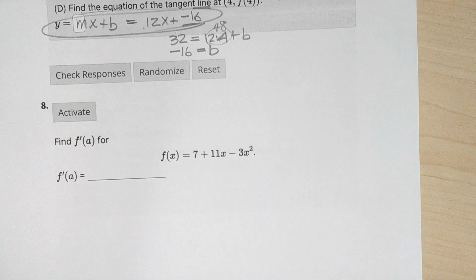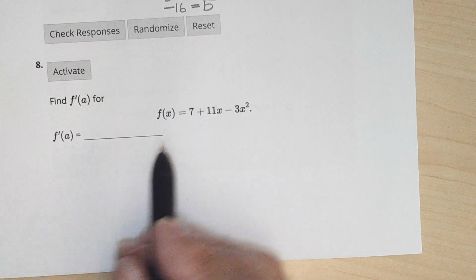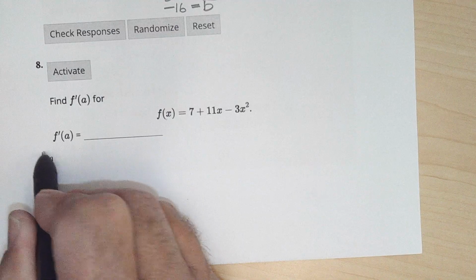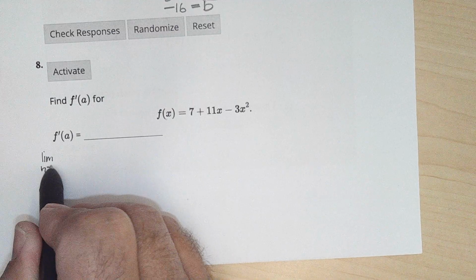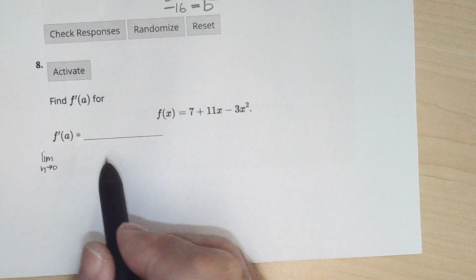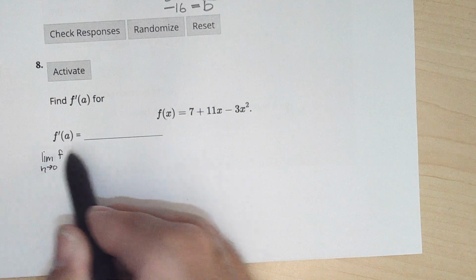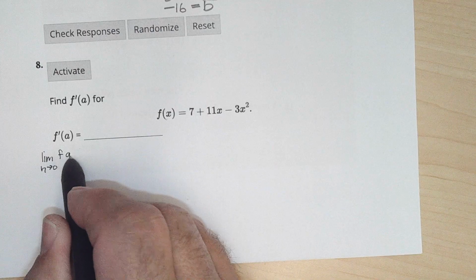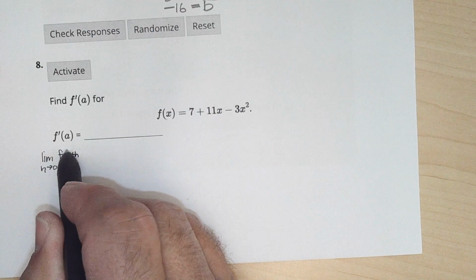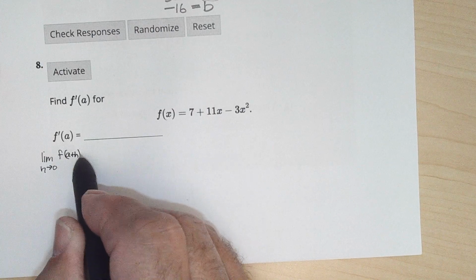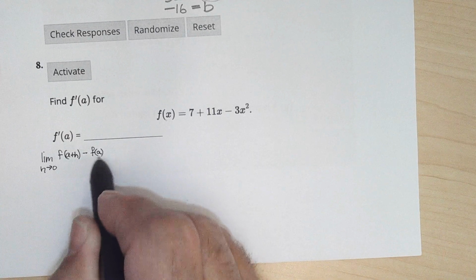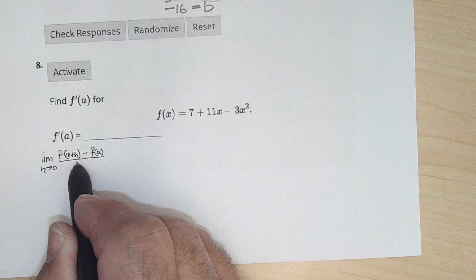Let me write this with a pen so it's easier to read, and I can write a little bit smaller. So it's the limit as h approaches 0 of f of a plus h minus f of a over h.